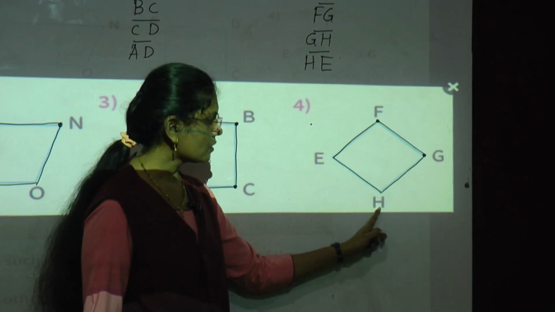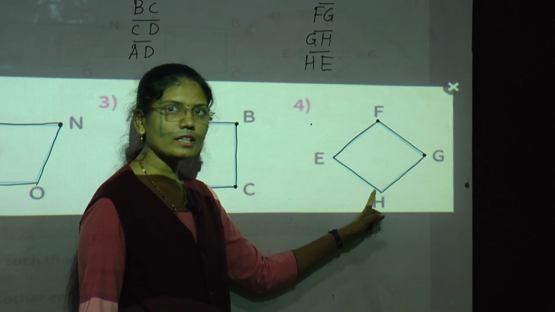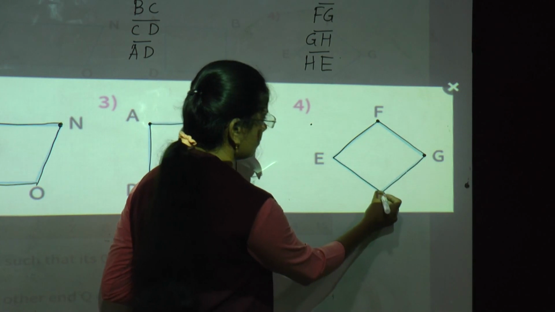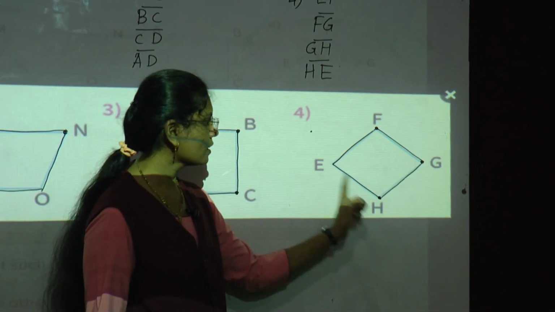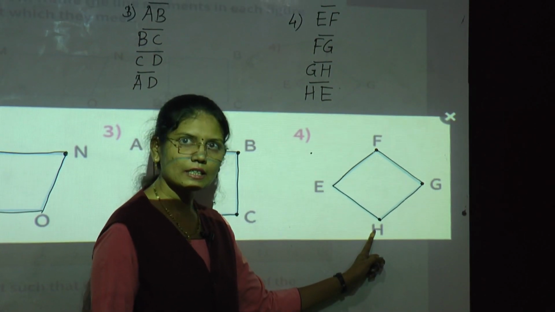GH and EH can meet at point H. So this is the midpoint of line segment GH and line segment EH.